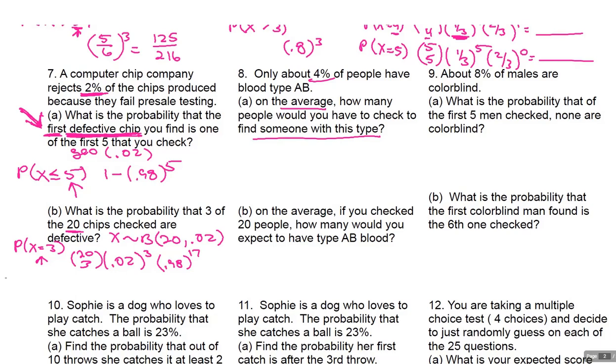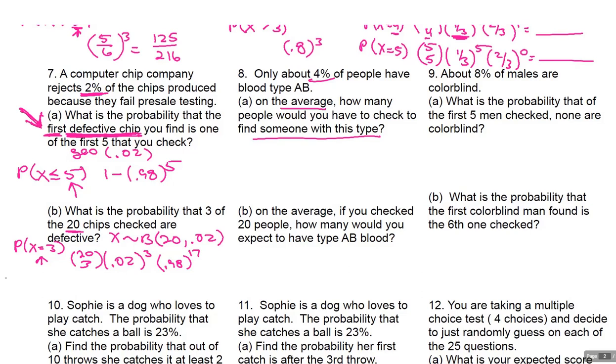Let me do this again. On the average, how many people would you have to check before you find someone with this type? So how many people am I going to find with this type? 4%. No, I'm checking people. When do I stop checking?